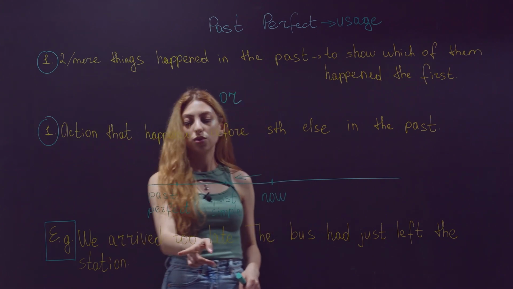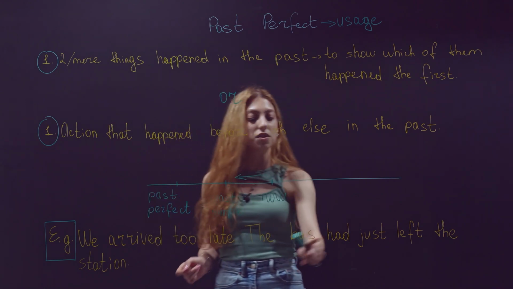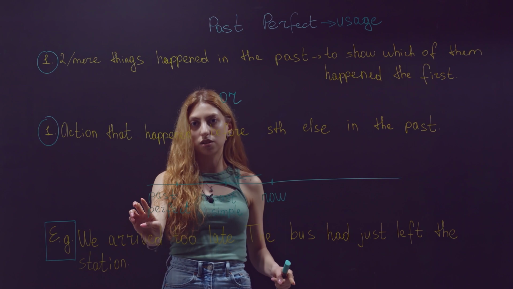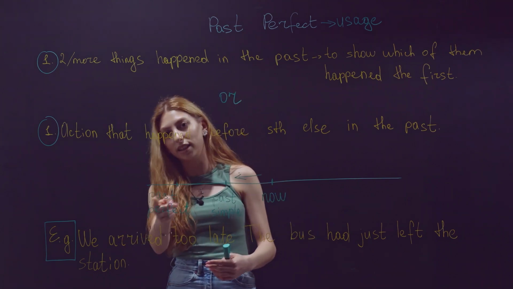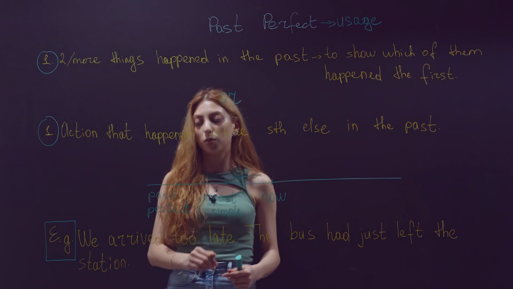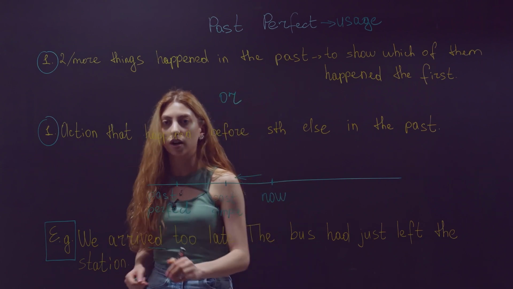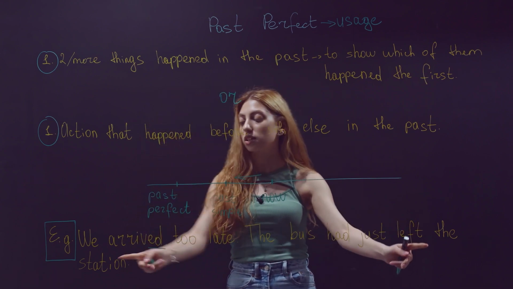We arrived too late. See, past simple. The bus had just left the station. Past perfect. When you form the sentence, you go like this: we arrived, past simple, too late. The bus had just left the station.